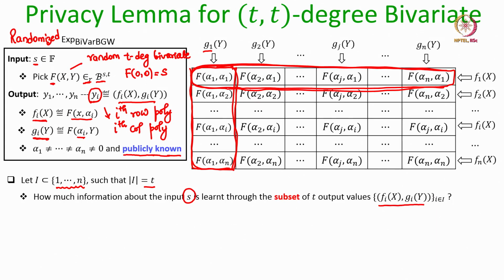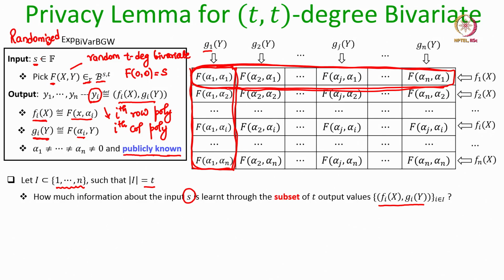Okay. Before going further, if you want to compare this experiment with the experiment Shamir, which we had seen in the context of Shamir's secret sharing, then in that protocol the experiment was that the input will be an element from the field, and to generate the output a uniformly random t degree univariate polynomial is picked whose constant term is the input, and output consists of t distinct points on that randomly chosen polynomial.